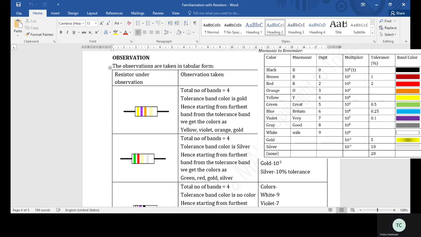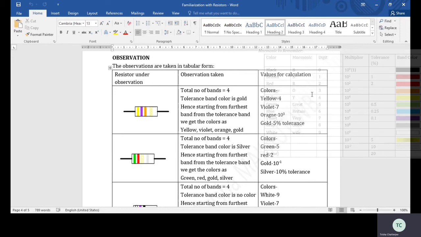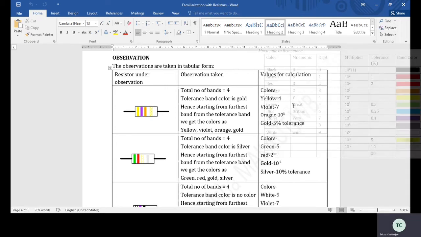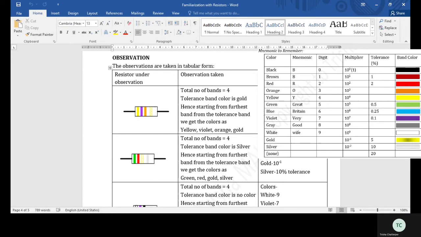Okay, so starting from 0, which is our black, BBROY, so the Y comes at the fourth position, right? The digit will be 4. The violet, BBROY, Great Britain, very. So the very comes at 7.